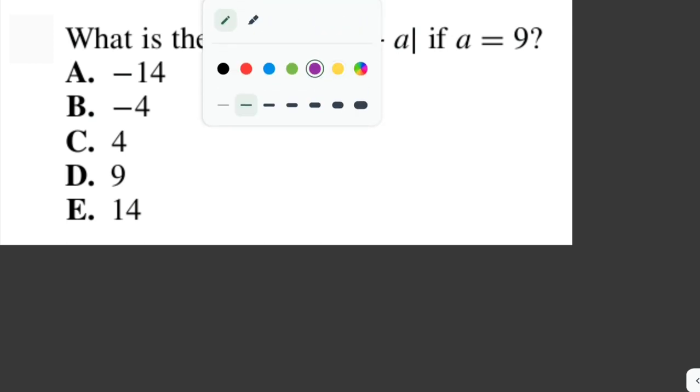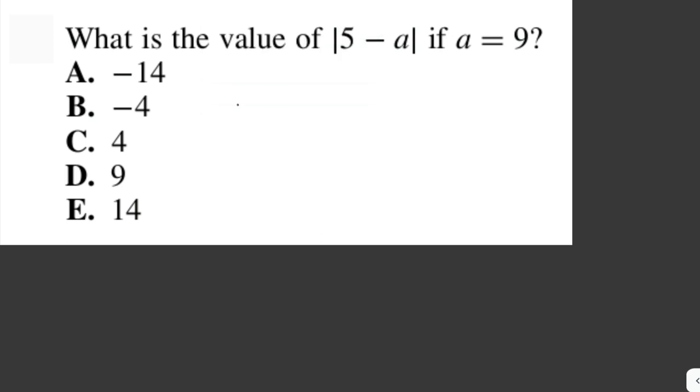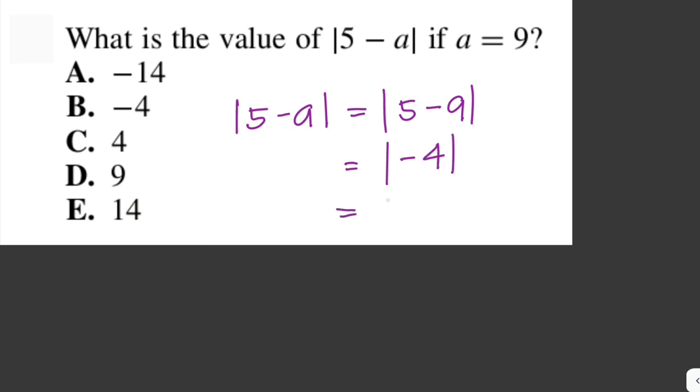Therefore, to find the absolute value of 5 minus a, where a is equal to 9, we just have to plug in the value of a. So this is the absolute value of 5 minus 9, the absolute value of negative 4, which is just equal to 4. So the answer here is letter C.